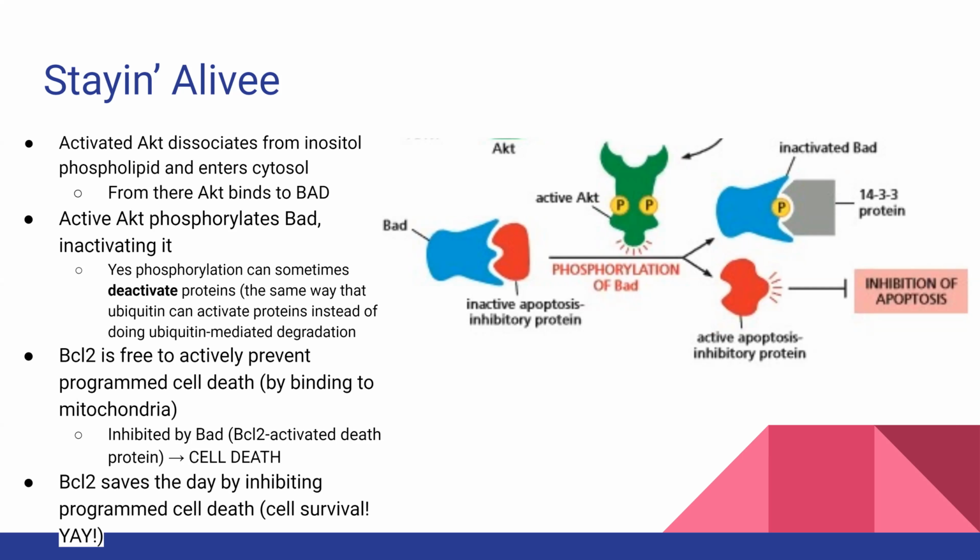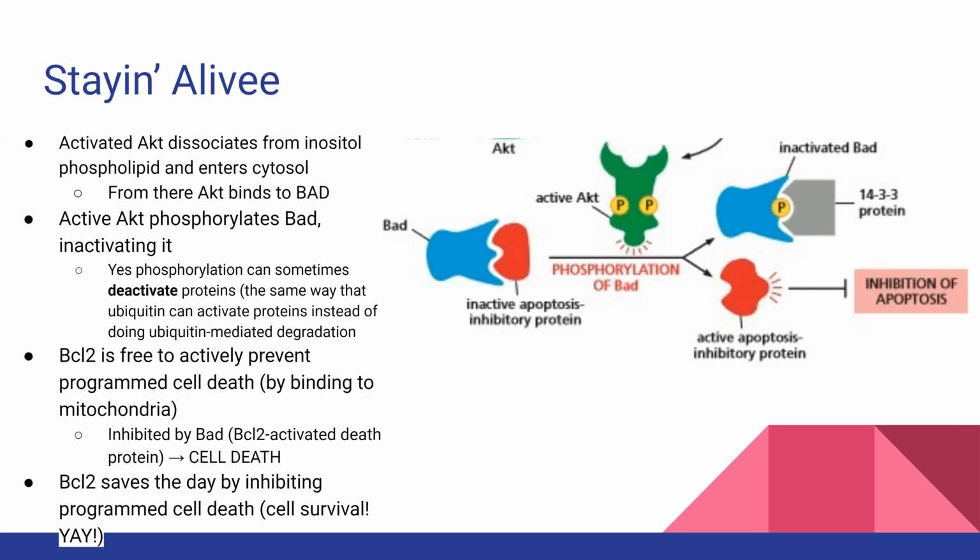And it does so by binding to the mitochondria, and there's some other things that BCL2 does, but you don't need to know that. You just need to know that BCL2 breaks free from BAD, and it's able to prevent programmed cell death. But normally it's inhibited by BAD. So that's why AKT phosphorylates BAD, makes it inactive, so that BCL2 can do its job.